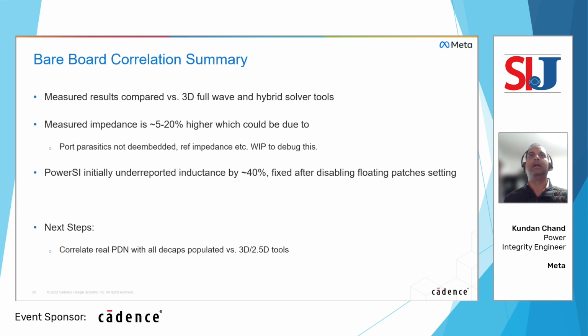And like I mentioned before, the board profiles or the board parameters can have some impact on this. And I already mentioned that PowerSI initially underreported the inductance number, but was later fixed after doing some setting changes.